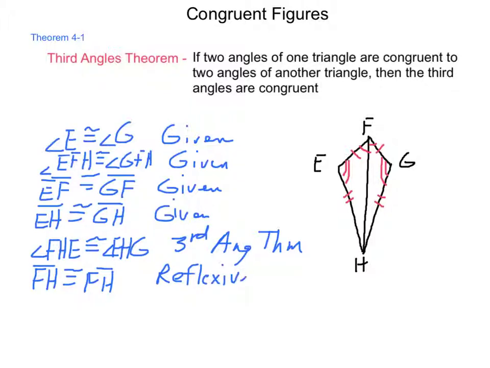A line segment or angle will always be congruent to itself. So we have, again, three congruent sides and three congruent angles, so we can justify that yes, these two triangles are congruent to one another. So triangle EFH will be congruent to triangle GFH, again putting those in order from their corresponding angles.